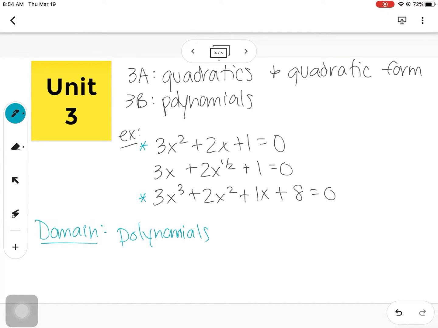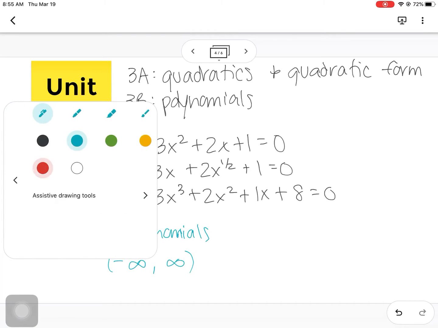You have integers there. You can plug in anything you want. I could plug in a 7 to this and I can actually evaluate it. I can plug in a 12 to this. I could plug in a negative number. I could plug in a decimal. You can evaluate that just fine. What that means for your domain is it's negative infinity to infinity. And again, if you think back to when we graphed polynomials, when we graphed in that chapter, that was always your domain.